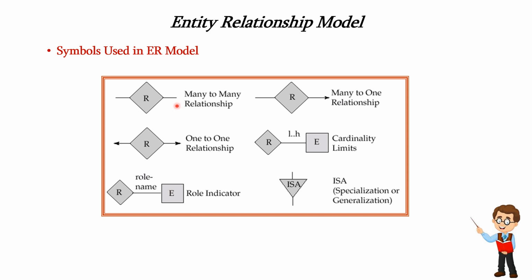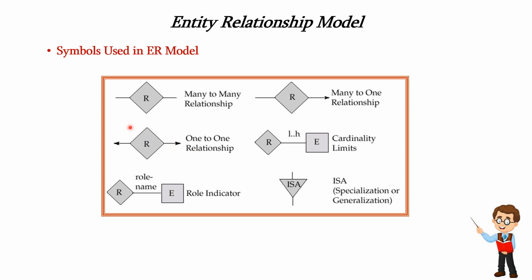Many to many means both sides have no arrows, so many entities on the left hand side can be connected to many entities on the right hand side through the relationship R. And many to one: the left hand side has no arrowhead, and the right hand side has an arrowhead to represent one. So many entities on the left hand side can be connected to one entity on the right hand side through the relationship R. And one to one indicates arrowheads on both sides.